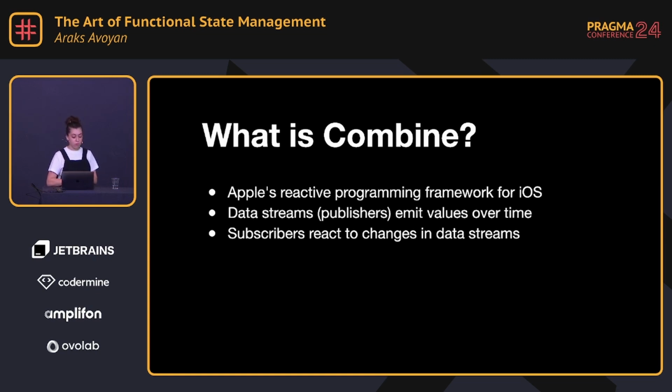It provides a way to define data streams, which are publishers that emit values over time, and allows you to react to those changes using subscribers. Imagine a stream of events going through your app, and Combine allows you to define what events are emitted, which are publishers, and how different parts of your app react to those events, which are subscribers. This approach promotes a more declarative and reactive way to manage your app state.